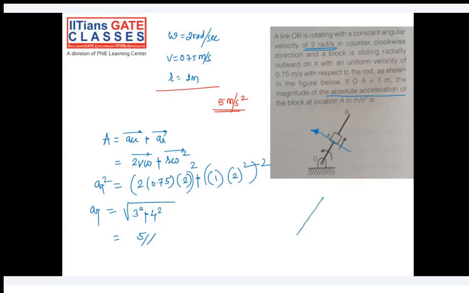Coriolis component will be in this direction. So this is 2v omega. Sorry, this is r omega square. This is 2v omega, and the total acceleration will be this, a total. Okay, clear?